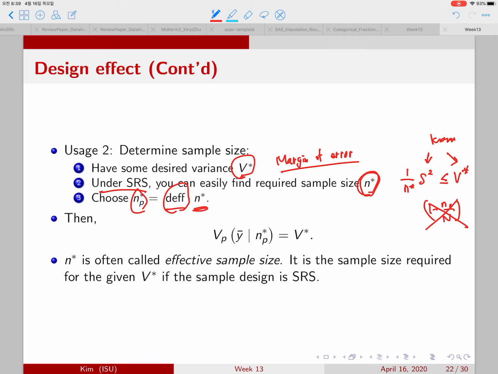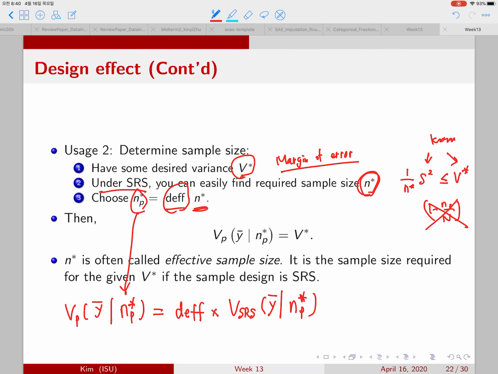Why does this work? Because the variance of y bar using n_P star is the design effect times the variance of simple random sampling y bar under the same sample size.